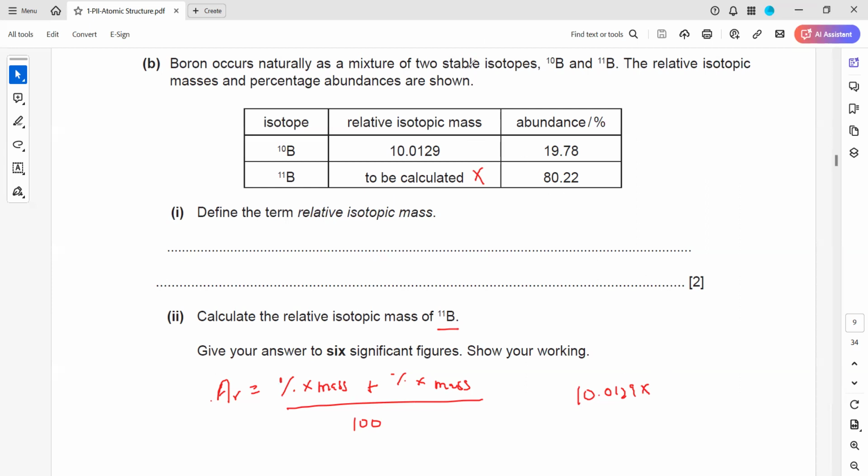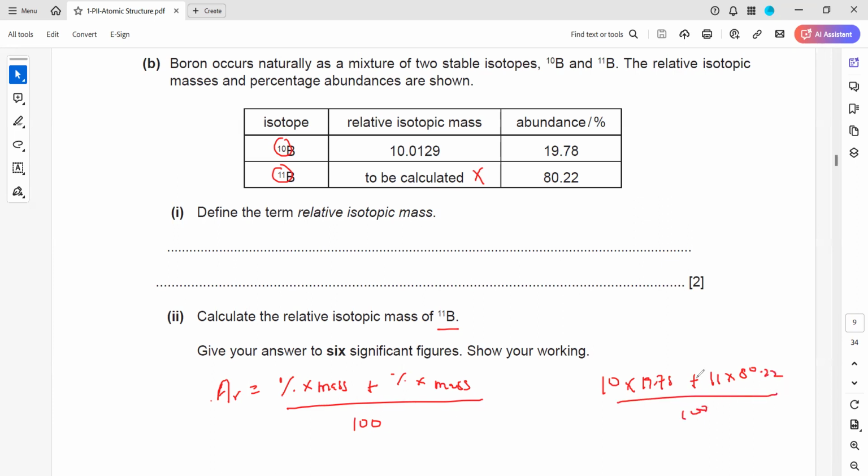First, if I want to take a direct average of these two, I use this mass 10 and the percentage abundance, so this will be 10 and 19.78, plus this mass 11 multiplied by the percentage abundance, which is 80.22, and divided by 100.